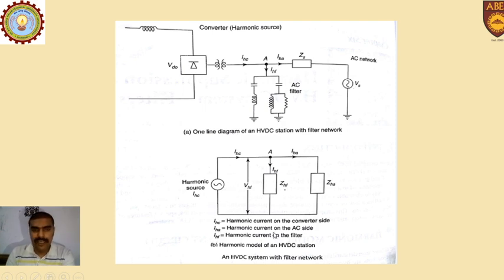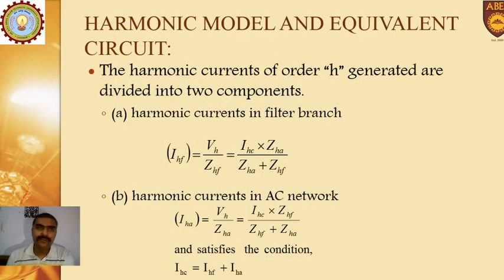So this is the equivalent circuit or harmonic model. ZHF is the filter side harmonic impedance, ZHA is the AC network impedance, and the currents I have already mentioned. In this harmonic model, for the harmonic current in the filter branch, the current division rule can be utilized.